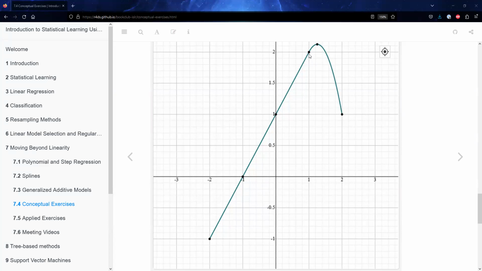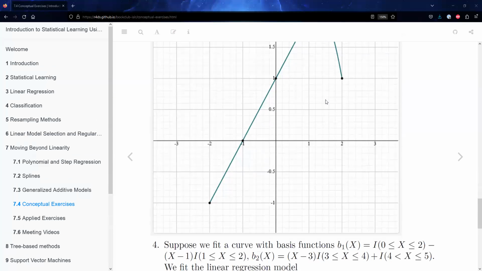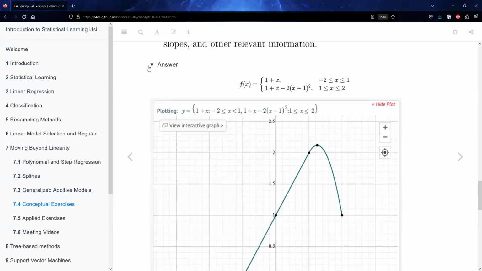They do meet at x equals 1, so continuity. And we could double check the derivatives to see if they're smooth as well. In other words, we have this piecewise function.